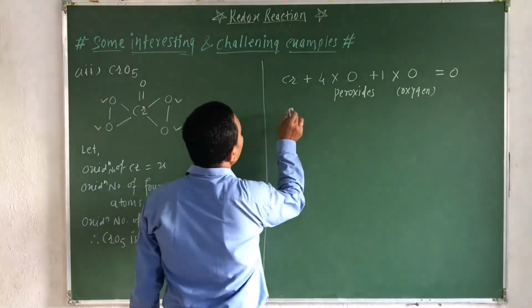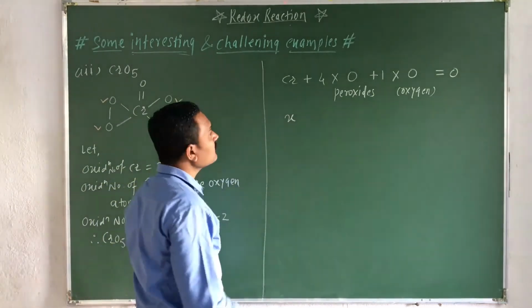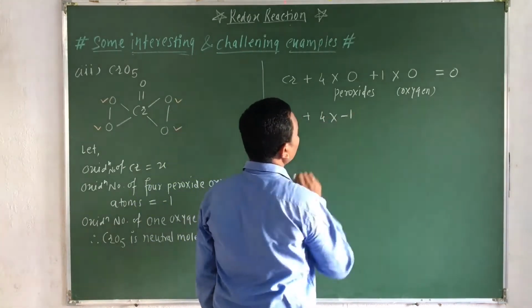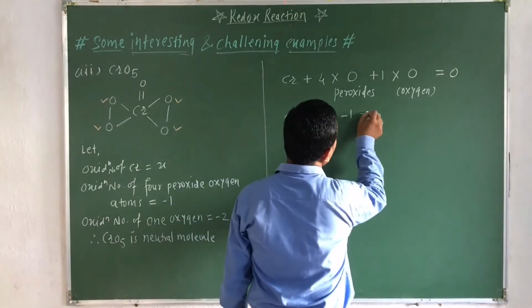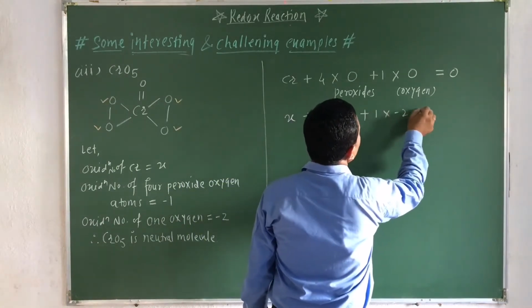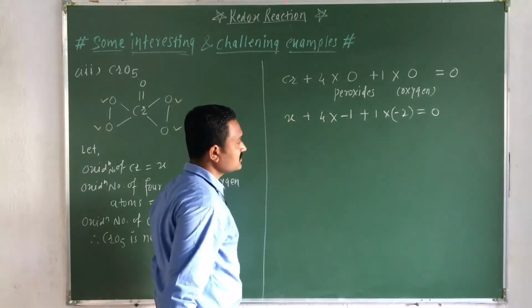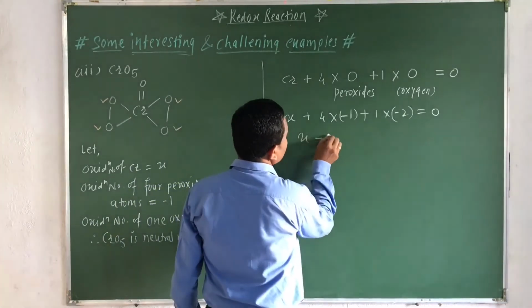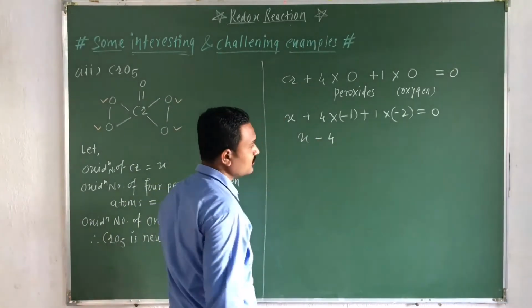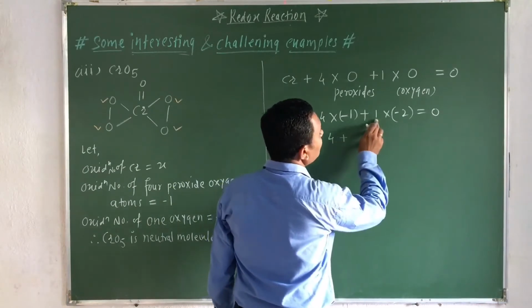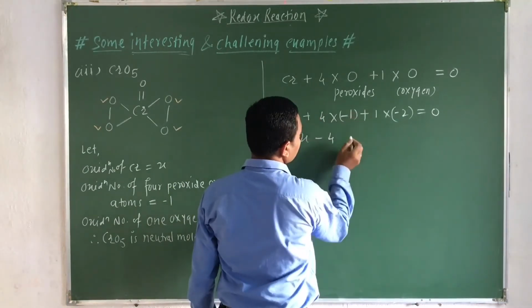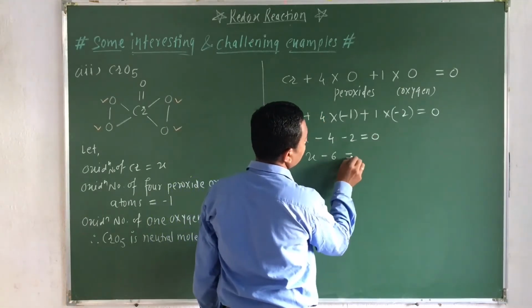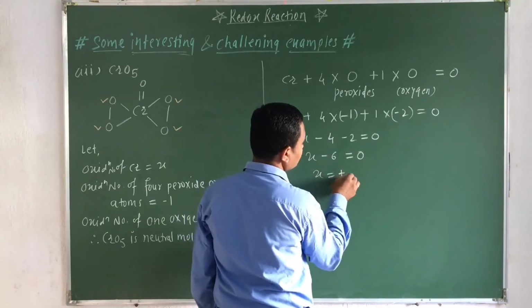Therefore we can write Cr, oxidation number of chromium equals to X, plus 4 into oxidation number of peroxide oxygen equals to -1 according to our rule, plus 1 into -2 for your oxygen atom. Now do a simple mathematical calculation, that is X minus 4, 1 into -4 will be -4, plus 1 into -2 will be -2, therefore equals to 0, therefore X minus 6 will be equal to 0, and therefore X will be equal to plus 6.